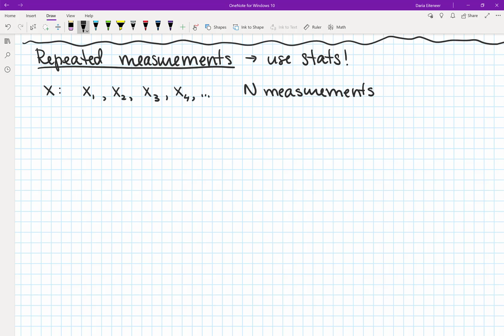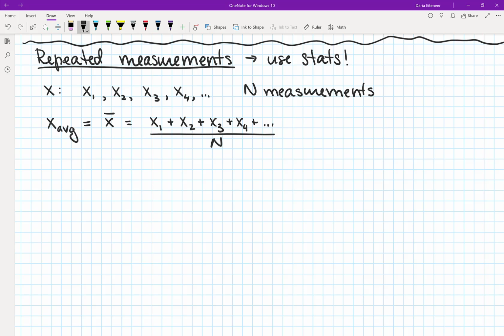Well, I'm sure you know how to do the average. A lot of times in statistics you will see it written as x bar. So that's the average value. We're going to add all of these measurements together, however many there are, and divide by the total number of measurements.